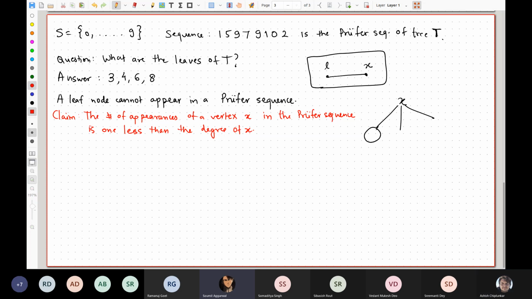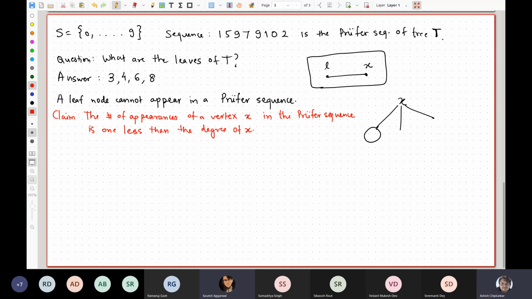So let's say a vertex had degree d. If it was removed, then its degree must have been decreased d minus 1 times before it was removed. So it must occur d minus 1 times. And if it remains in the edge at the end, then also its degree must have been decreased d minus 1 times.